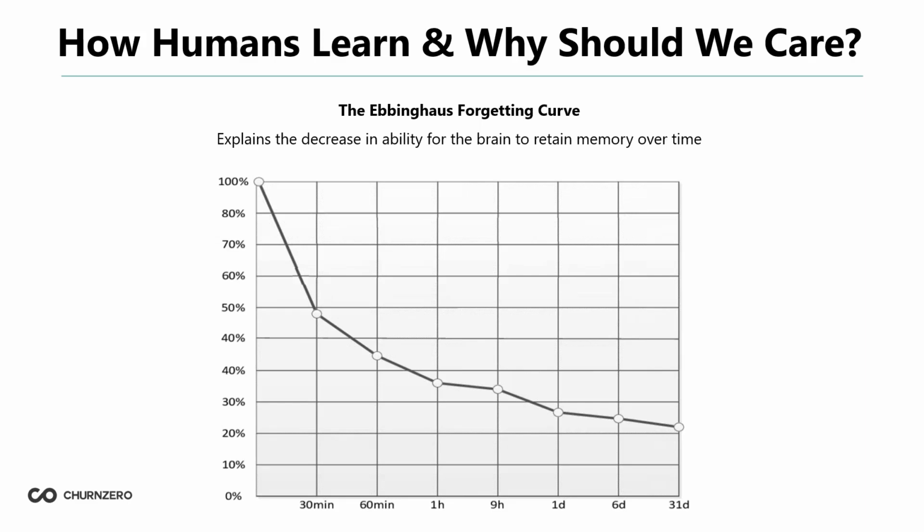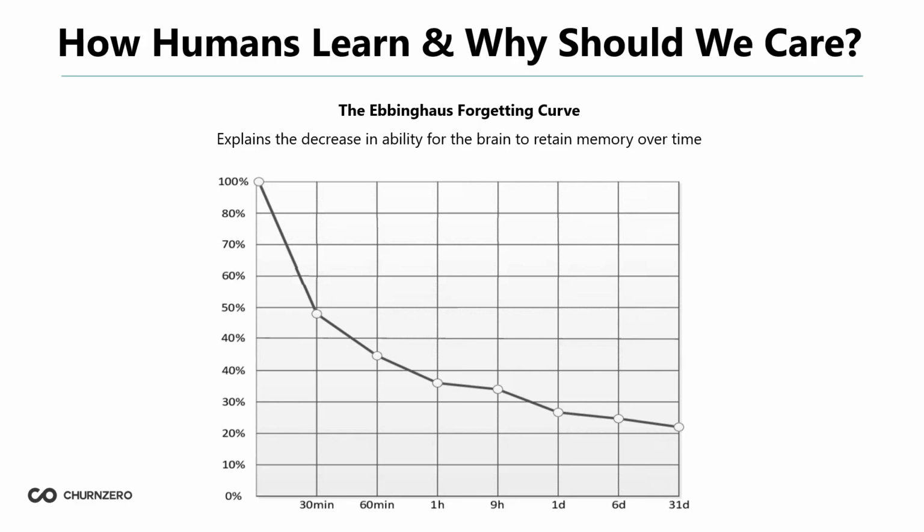While it will differ with some people based on topic, interest level, and attention rate, on average, most people lose about 50% of the information they've gathered within 30 minutes. That continuously goes down over time, but the biggest drop happens in that first 30 minutes.